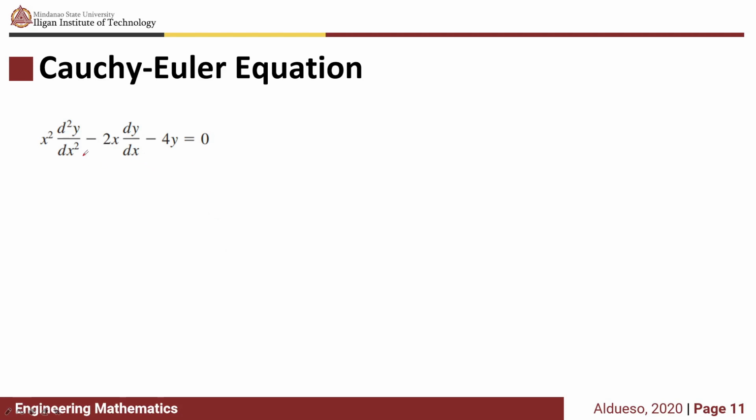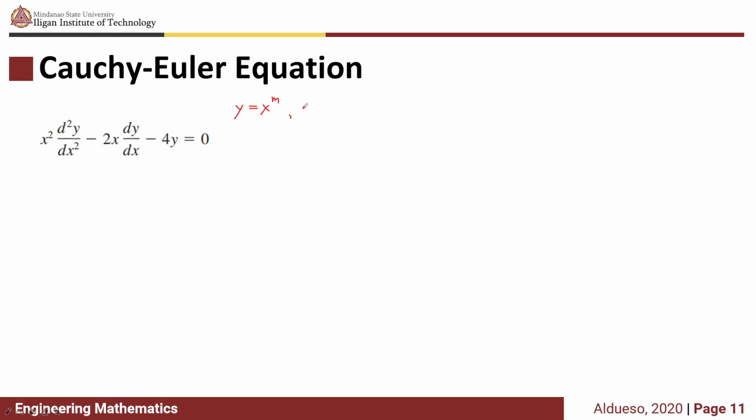For example, we have this equation, and we'll find the general solution. Our solution is of the form y is equal to x to the m, so we need to find the value of m.